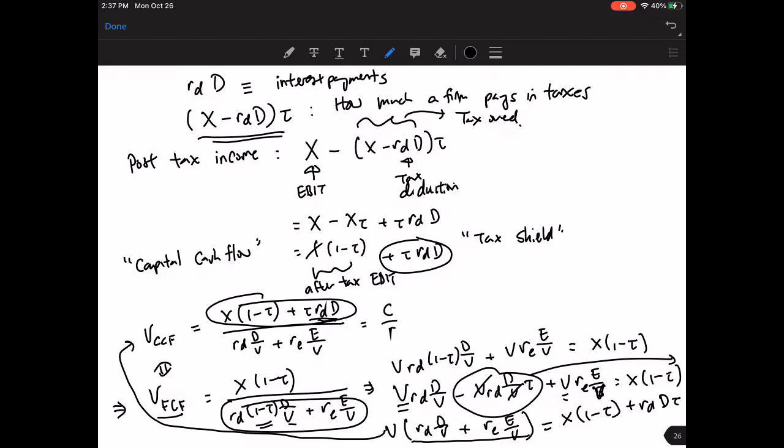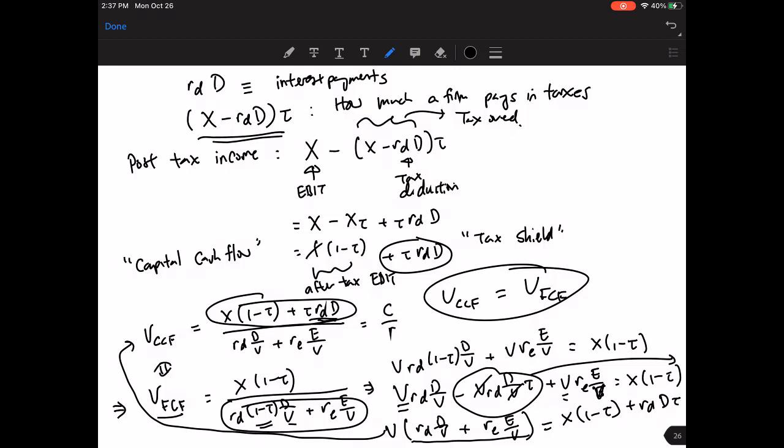In other words, we have shown that VCCF is equal to VFCF. Just remember, I skipped this step: you have to divide both sides by the pre-tax WACC to move from the value of the firm using the free cash flow to the value of the firm using the capital cash flow.